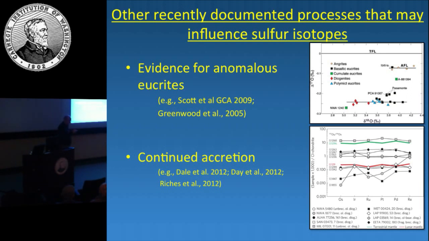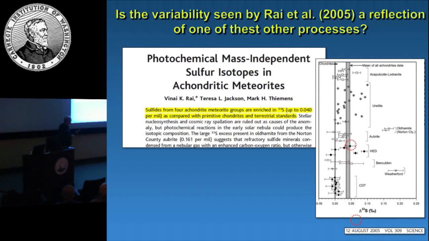So the question that came up in looking through the data that had been published was whether some of these unusual, there's a lot of scatter here for this data, and whether some of these unusual enriched compositions might be a result of some sort of process like that. And none of these are the same samples that were studied there that have been identified. Some of them have not been studied and some need to be studied.